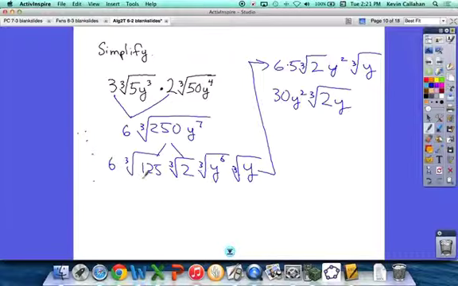The third root of 125 is what? 5. There's the 5. The third root of 2 is that. The third root of y to the 6th is y squared. And the third root of y is there. So I just wrote down these things and simplified what I could, this one and this one.